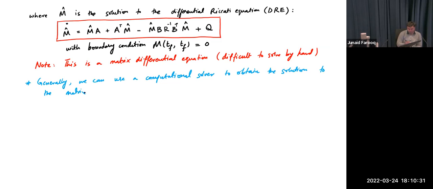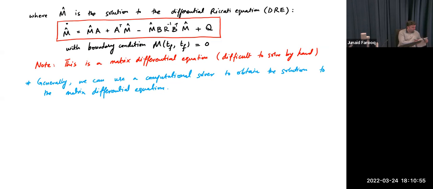So the solution for M hat will be a matrix of numbers, and that matrix can then be used in finding the optimal gain vector K.